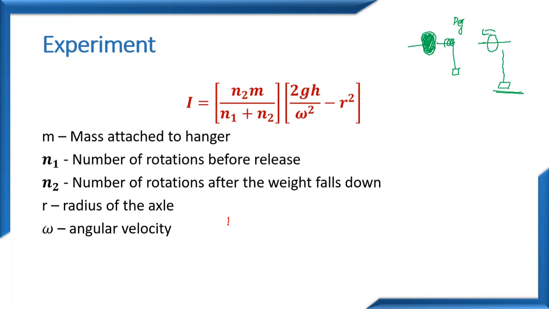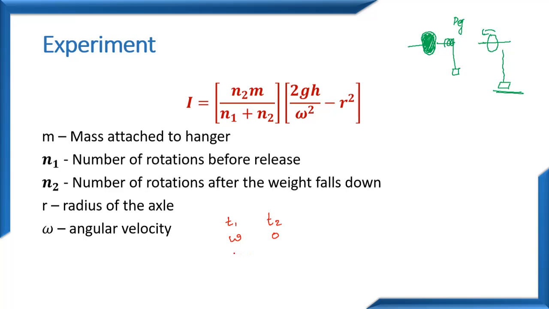That is at the time t1. t1 is the time at which the mass has just slipped off. It had an angular velocity omega because it was rotating at that time. But after a time it came to a stop. That is at t2, its angular velocity was 0.